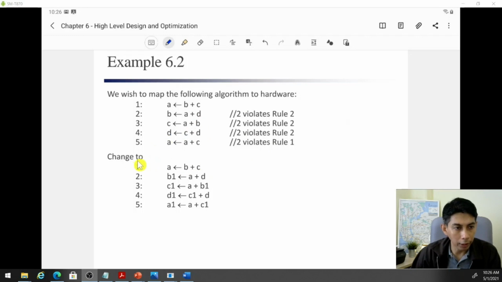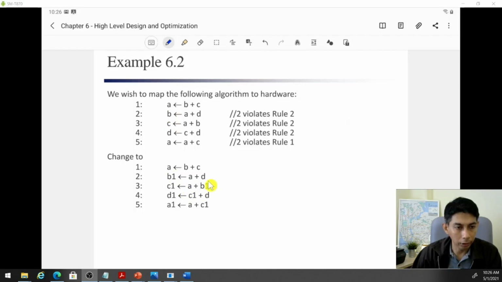So we need to change this. B plus C we keep as A, and A plus D we change to another name. So in this example, instead of B, we use B1, meaning this statement is written to a new variable, not B but B1.